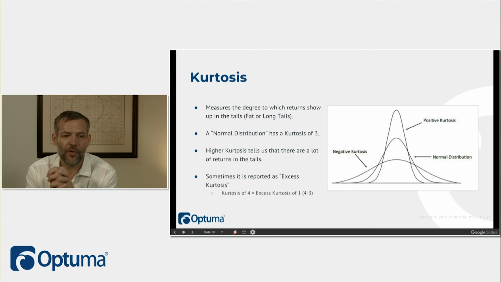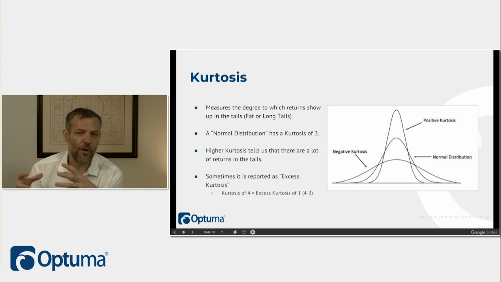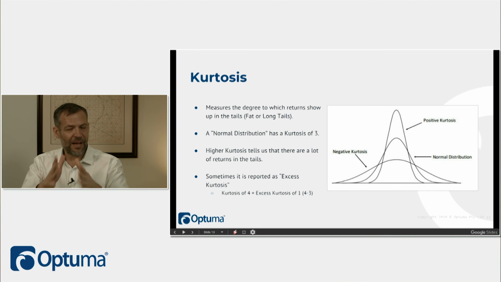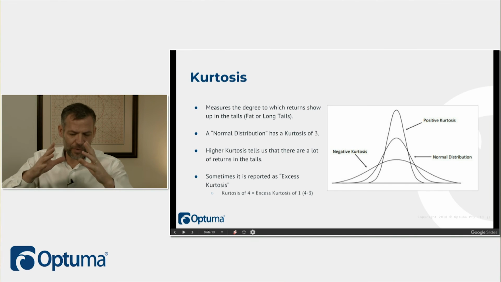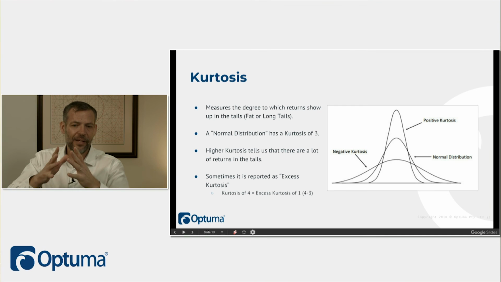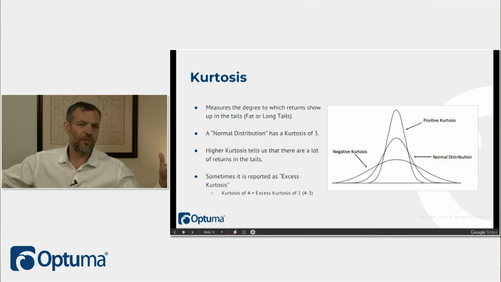Kurtosis is the other one. It measures the degree to which the returns show up in the tails, meaning we've got fat tails or long tails. Yes, we have this average and results around there, but the reason it's so peaked is that so much of our results ended up in the tails, and we've got huge gains.